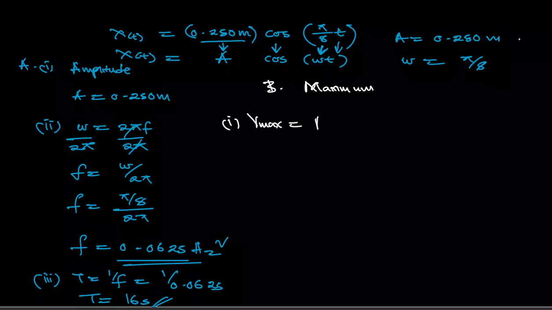I think Vmax is given by amplitude multiplied by angular frequency. So our Vmax will be no other than the amplitude, 0.25, multiplied by the angular frequency, which is pi over 8.